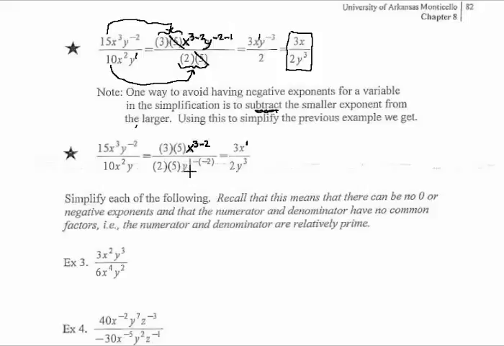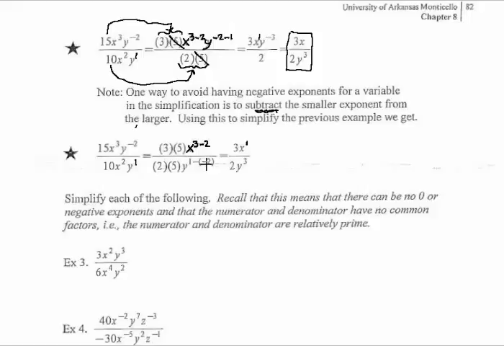It's the y part where we want to make a change. Notice that in the first example, we moved the y to the top and subtracted it. But 1, the exponent of the y in the denominator, is actually bigger than the negative 2 that's on top.